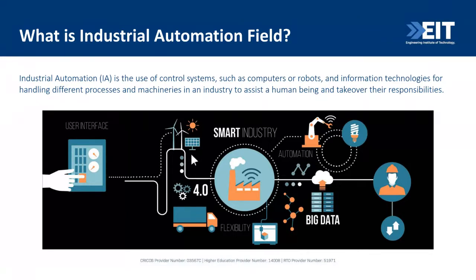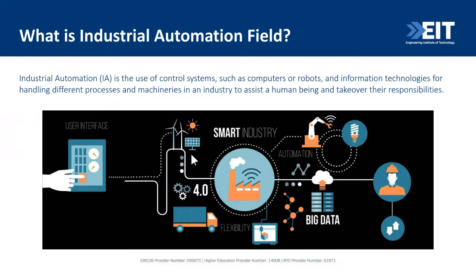Industrial automation is any process where you're using control systems as well as IT technology, whether the older IT technology or the more advanced IT technologies nowadays, to control different operations and processes. Basically, you're automating the process with the help of computers, robots, and ever-evolving IT technologies.